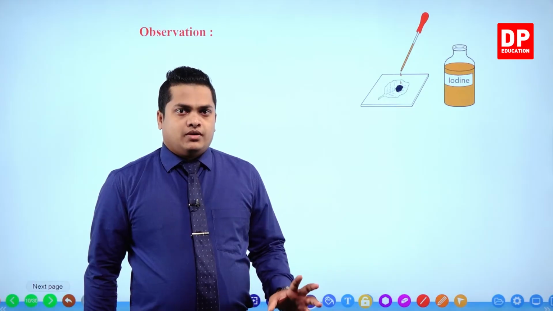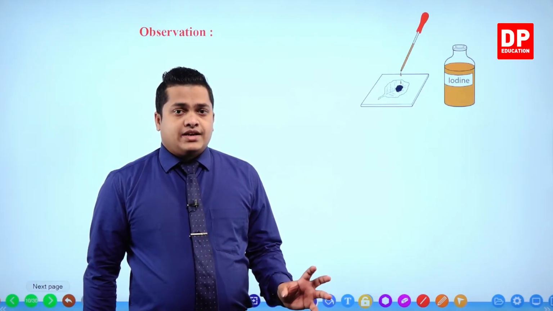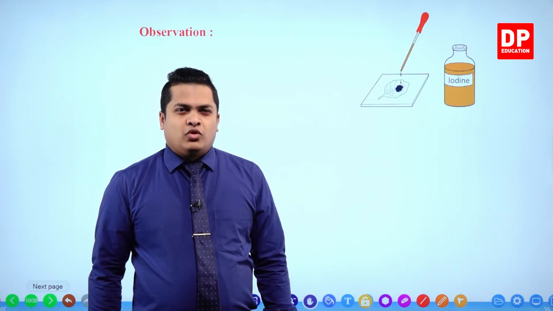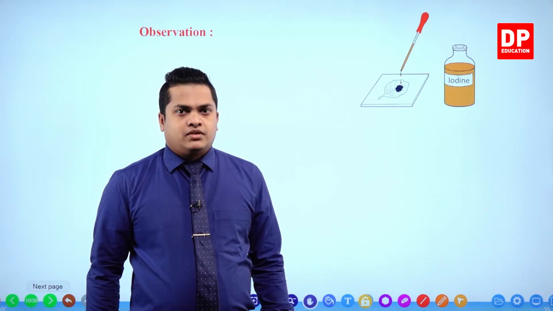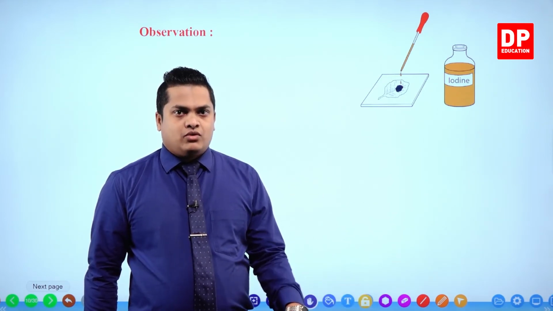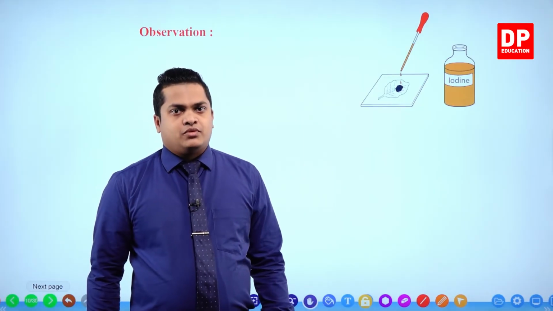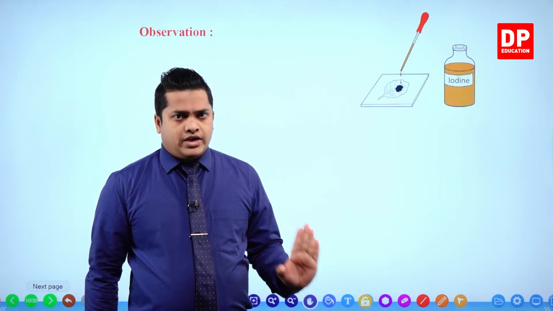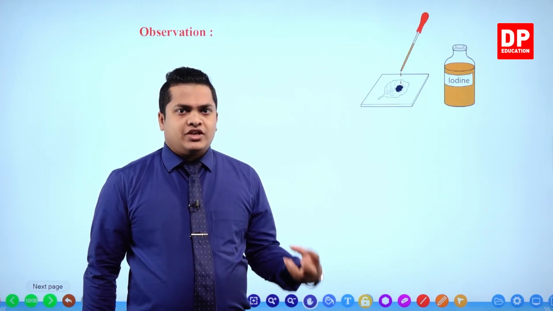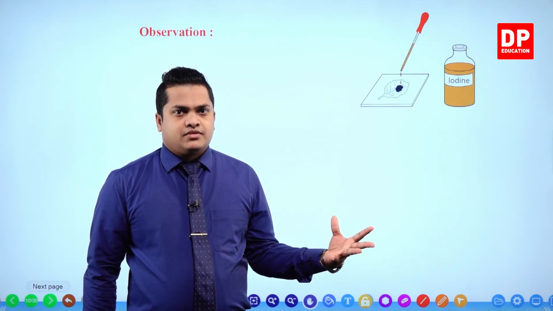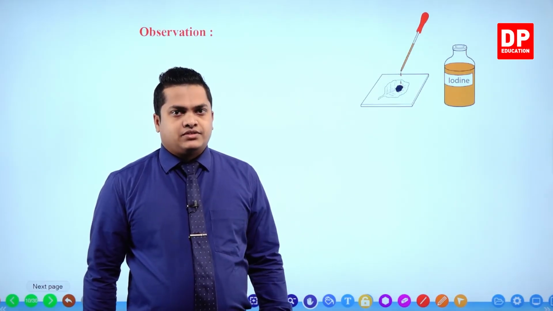Okay, so when iodine is added to starch, that brownish yellow color is changing into purple blue or blackish blue, right? Usually I have shown you that iodine is in brownish yellow color. However, it turns into blackish blue with the presence of starch only. If there is no starch, then you can't observe that color change. It's not going to occur with any other substance. Only with starch that color is given.